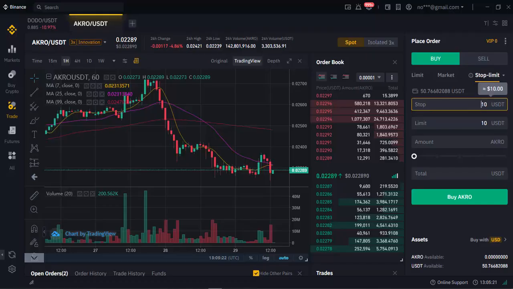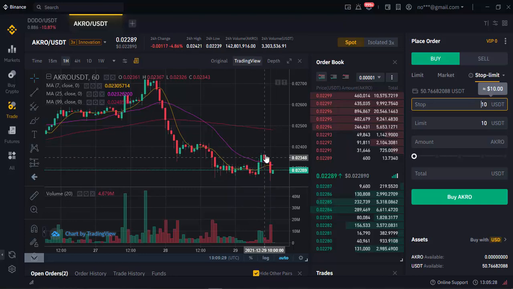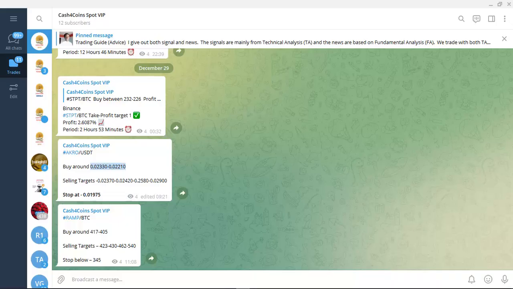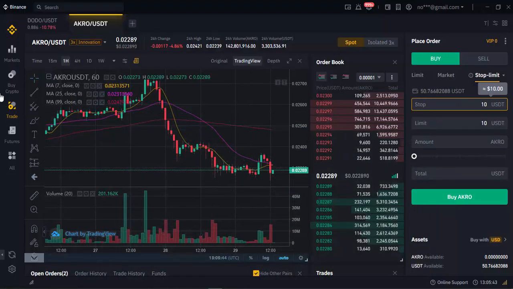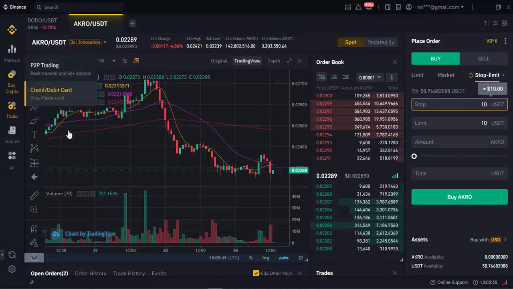Now, since we are here and the price is in between, I want to grab this 0.02330. Let's grab this.